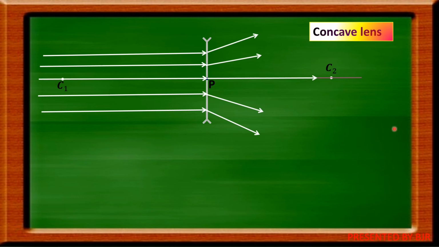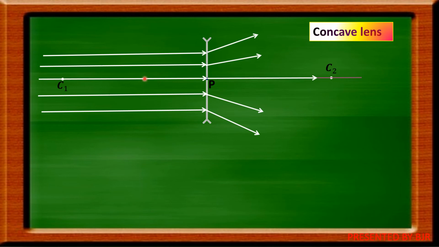That means they never meet, even if you extend them up to infinity forwards. So what we have to do? This ray appears to be coming from this point. This ray appears to be coming from this point. If you intercept these rays, you feel that these rays are coming from a point on the principal axis here.